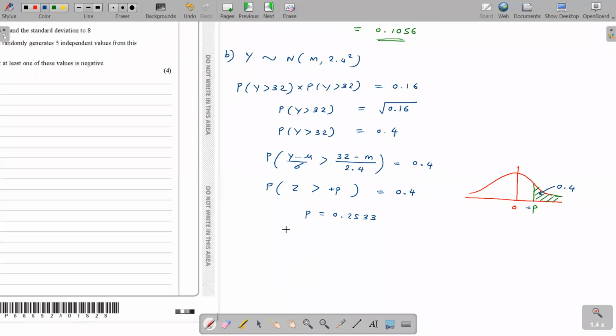So what is p? I use p instead: (32 minus m) over 2.4 equals 0.2533. Get me the m value. 0.2533 times 2.4. So basically m equals 32 minus that, right?